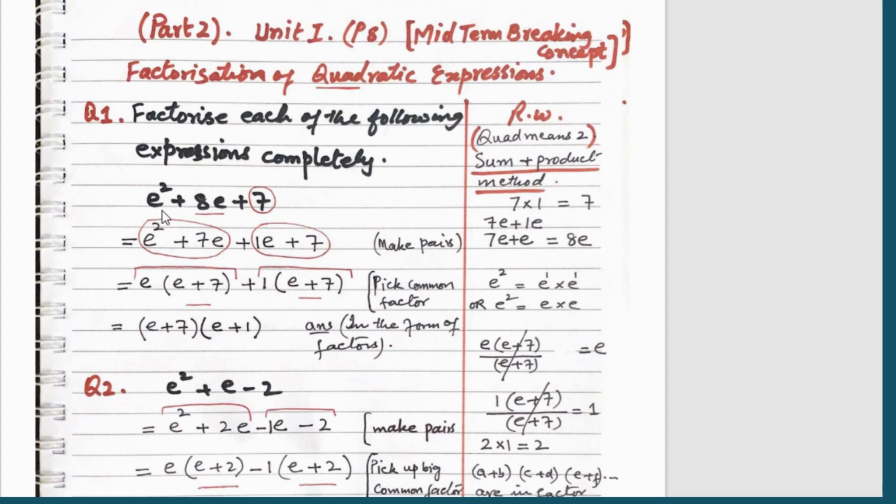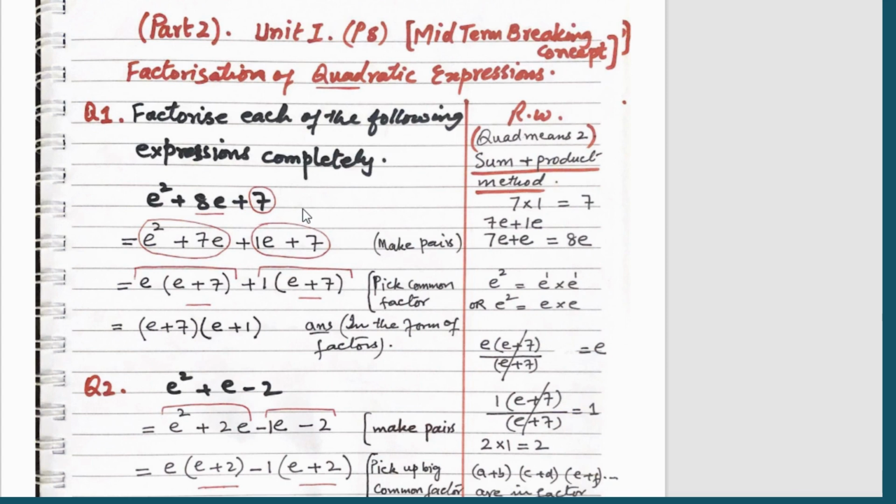It's very obvious there is power 2 on the variable e, and the rest are 2 terms, one with the same variable and one a constant. This type of expression is known as a quadratic expression. If 7 is missing over here, even then this is quadratic. But right now we are doing this type of quadratic expression, and we are going to factorize it.